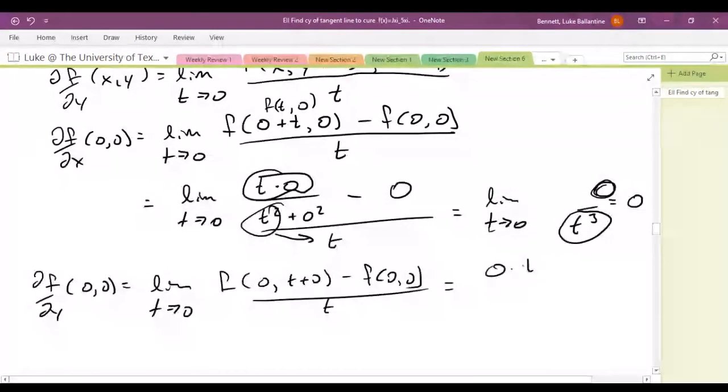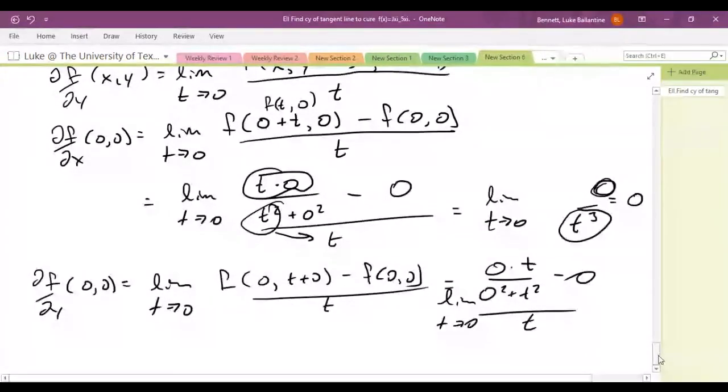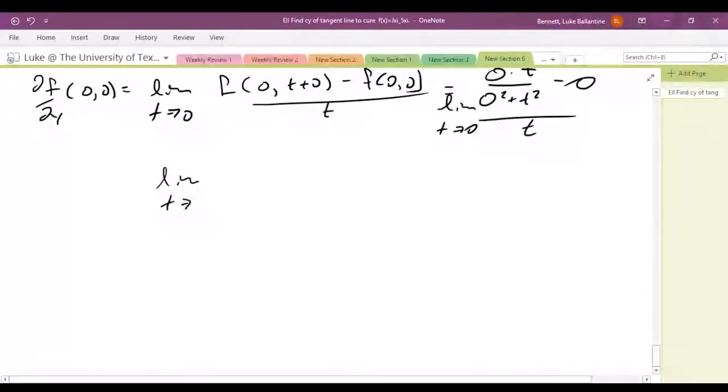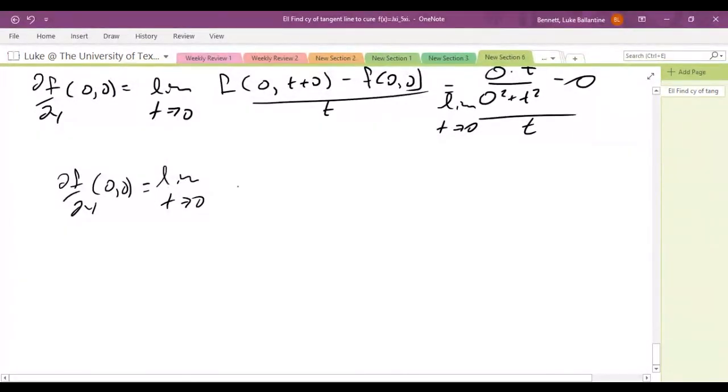We get 0 times t over 0 squared plus t squared minus 0 over t, the limit as t approaches 0. So we get the limit as t approaches 0 of 0 over t cubed, which is 0. So these partial derivatives both equal 0 at 0, 0.